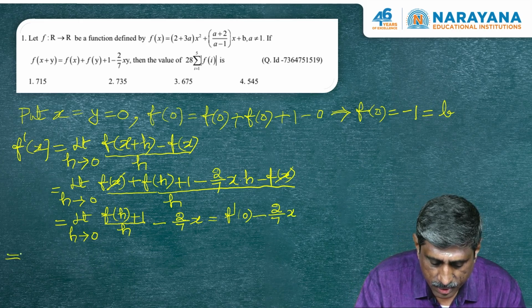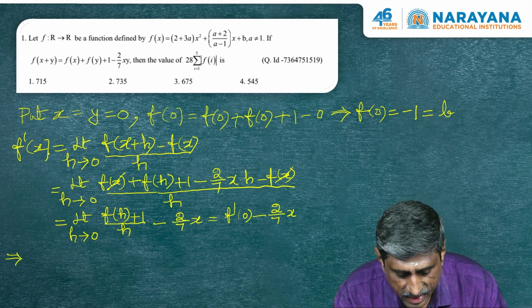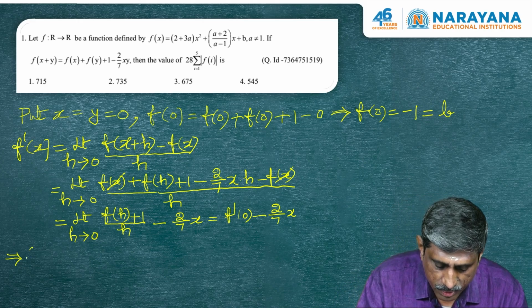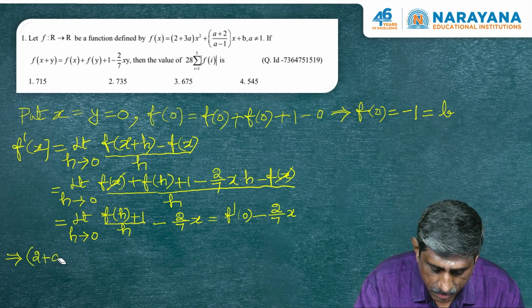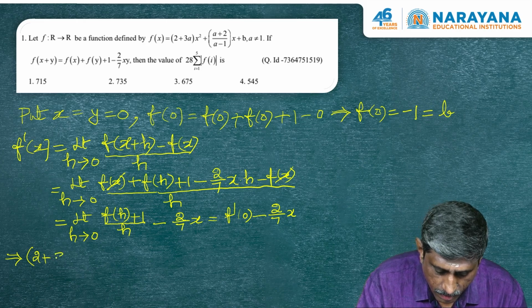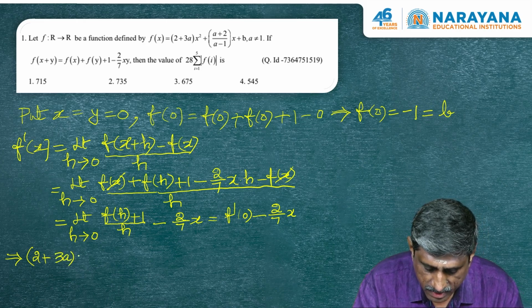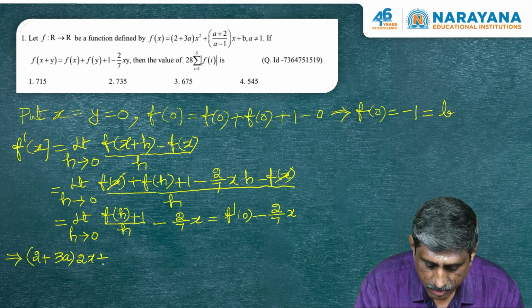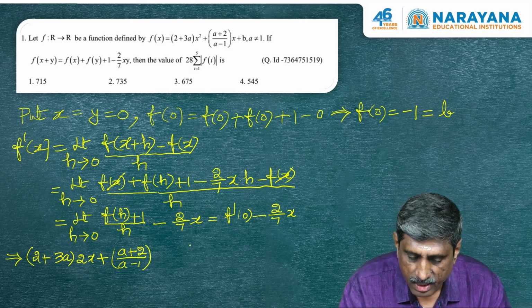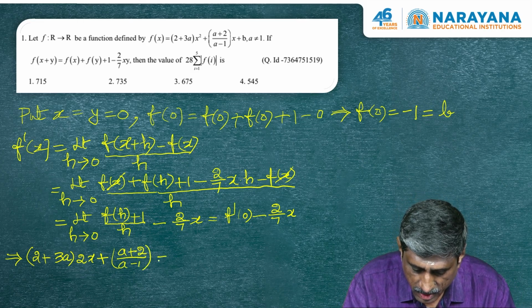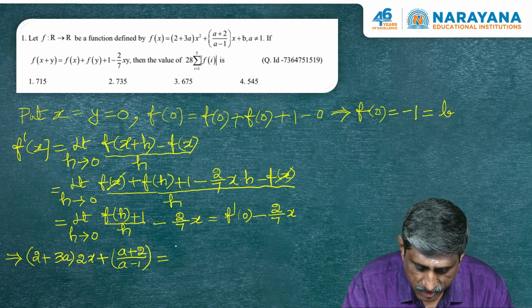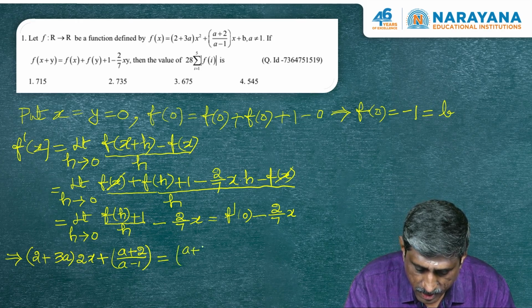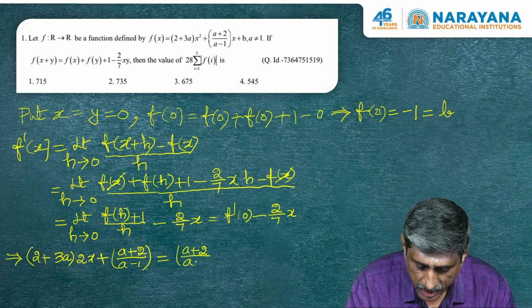Now, when you substitute the given function f of x here, f dash of x becomes 2 plus 3a into 2x plus a plus 2 by a minus 1 into x derivative 1 plus b derivative 0, and f dash of 0 becomes a plus 2 divided by a minus 1.